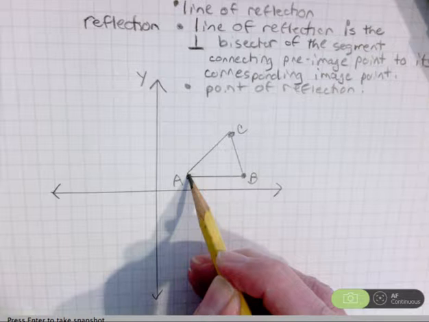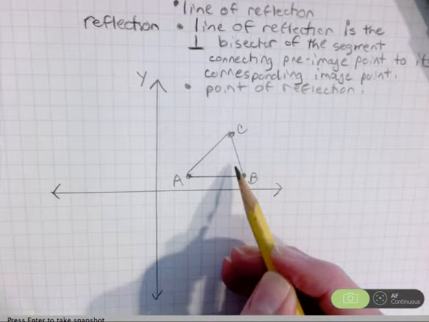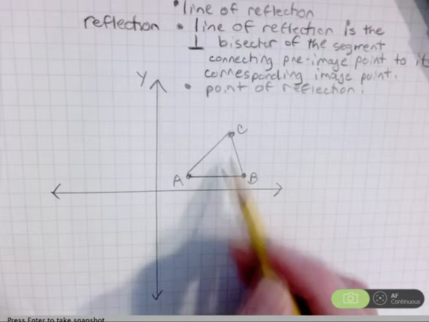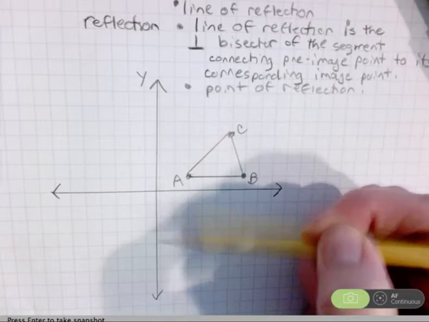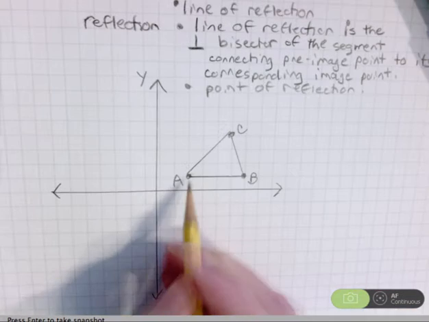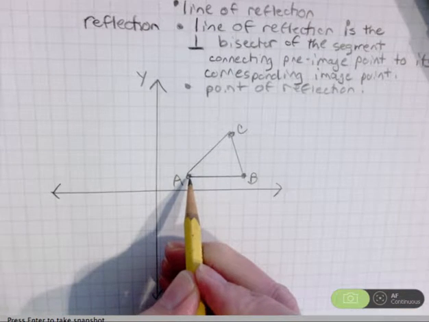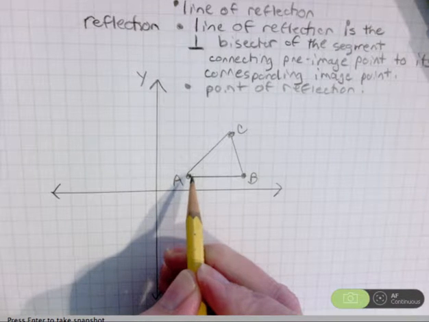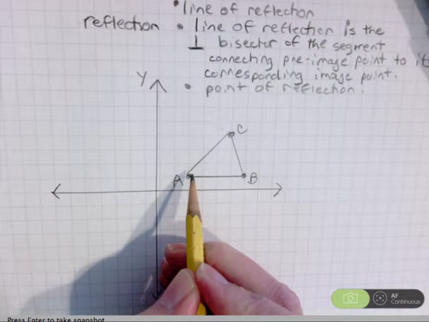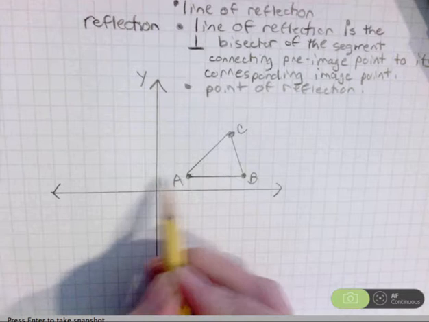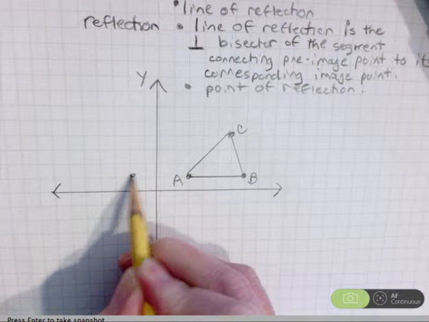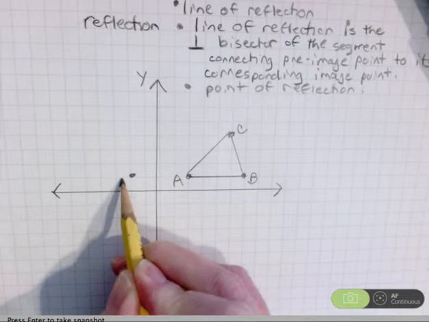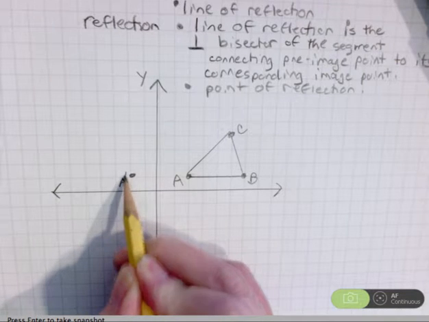So that will tell you that if we flip or reflect triangle ABC across this y-axis, point A prime, the image of A, will be 2 units from the y-axis on the left. So we place point A prime here, 2 units to the left of the y-axis.